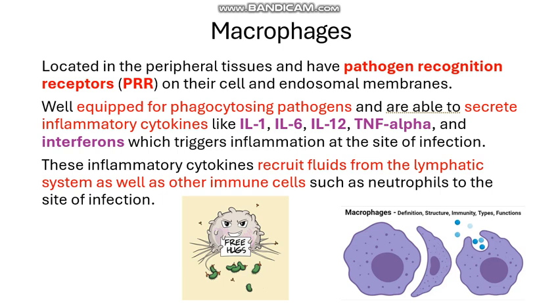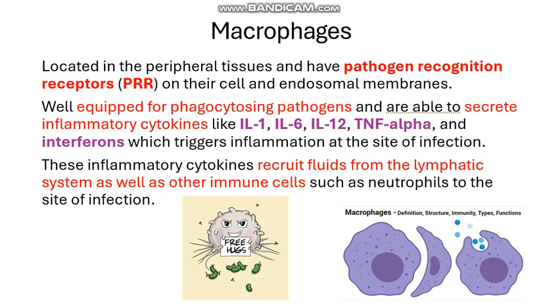As well as phagocytosis, macrophages secrete inflammatory cytokines like interleukin-1, interleukin-6, interleukin-12, TNF-alpha and interferons, which we talk about more in future videos, and these trigger inflammation at the site of infection.